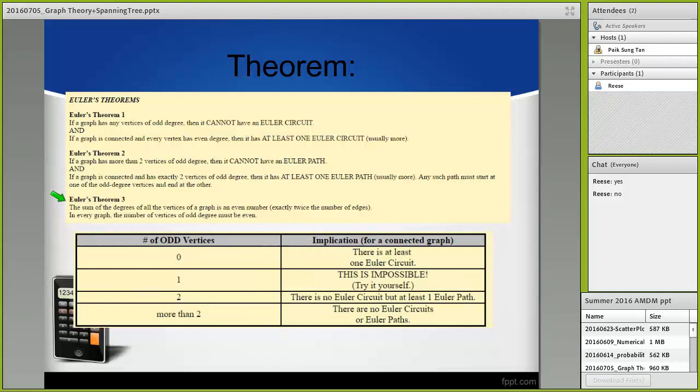If you are given a graph and you want to know whether this graph has an Euler path or circuit, you will look at the number of odd degree vertices. First, you need to know how to count the degree correctly, and then you can refer to this table.